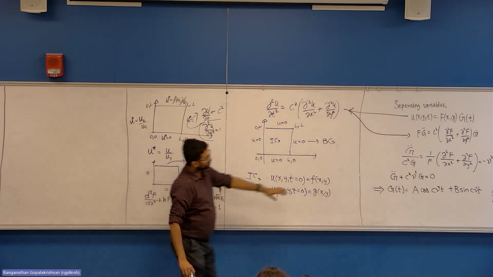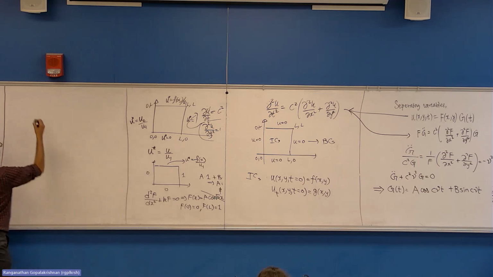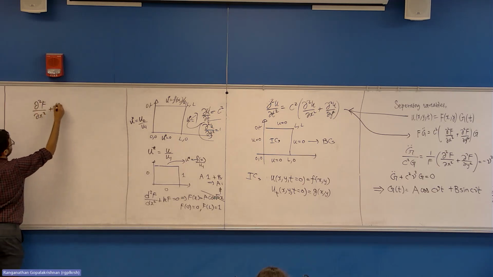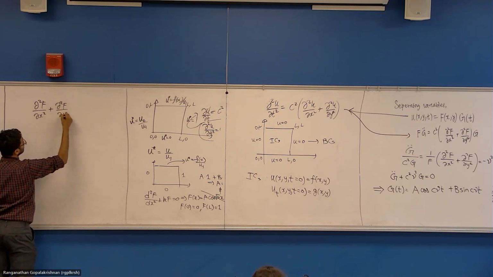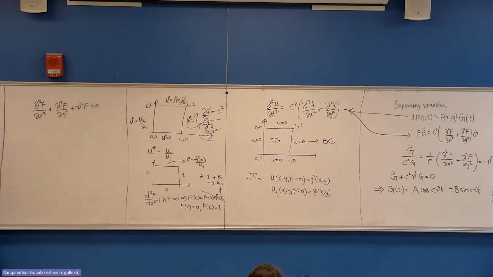So we leave this hanging for a while to come back and write partial squared F over partial x squared plus partial squared F over partial y squared plus nu squared F equal to 0.